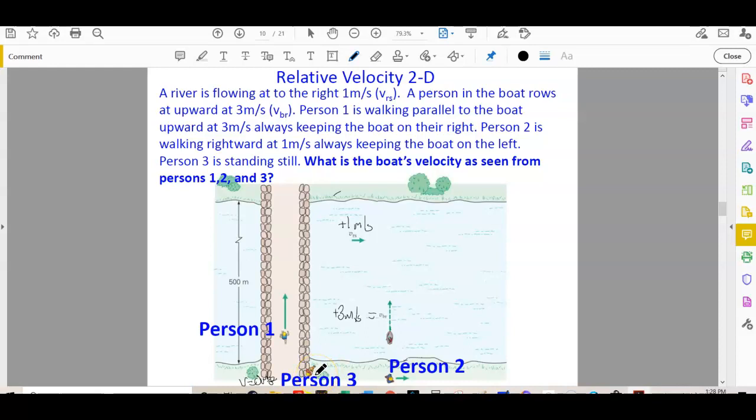Well, person number 1, in order to keep the boat just to the right, needs to be walking at a speed of 3 meters per second upward. And person number 2, in order to keep the boat on their left as they're walking downstream, needs to be walking at the speed of the stream itself, which is 1 meter per second.